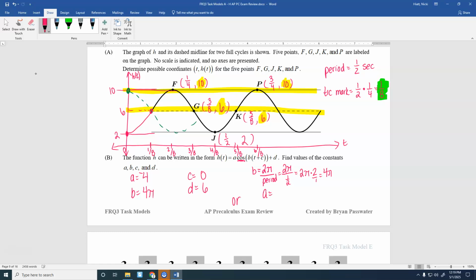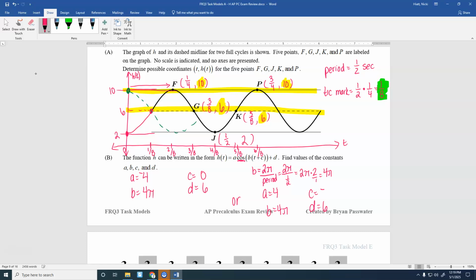But you don't have to do it that way. Another option is to leave your A a positive 4. B doesn't change. It's 4 pi. D stays the same. It is 6. Your C value, you could shift this to the right 1/4. Or really the left 1/4 would still work as well.